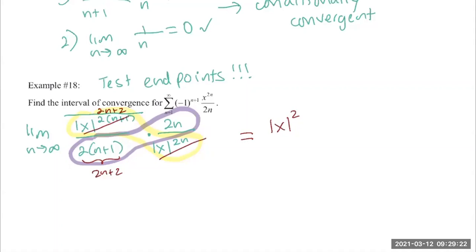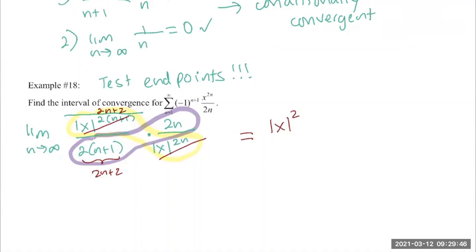The n's in the 2n and the 2n+2 are not in the exponent, so it's a limit question as n goes to infinity. We take the ratio of the leading coefficients because the powers are the same, and we get 1 as the answer. So we get x squared over 1, or x squared, is just your answer.